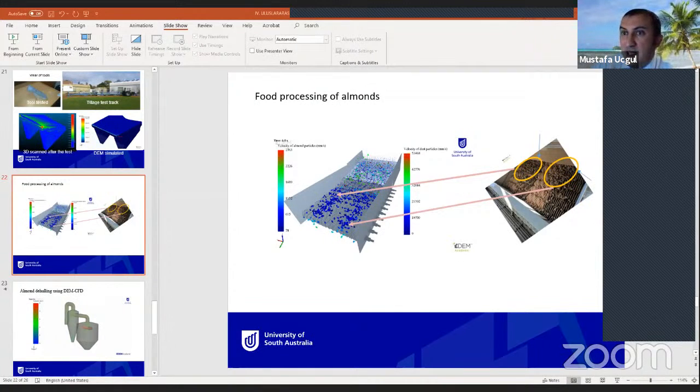As you can see here, this customer approached our school and said they have a problem because this machinery is not flowing the almonds properly. When we simulated, we got the same result, and after some modification, we gave the right information to the manufacturer so that they can improve their design.